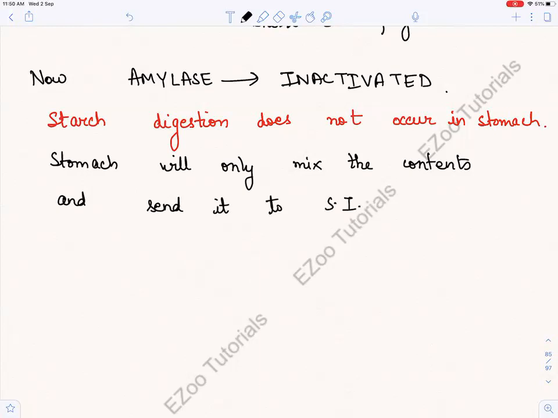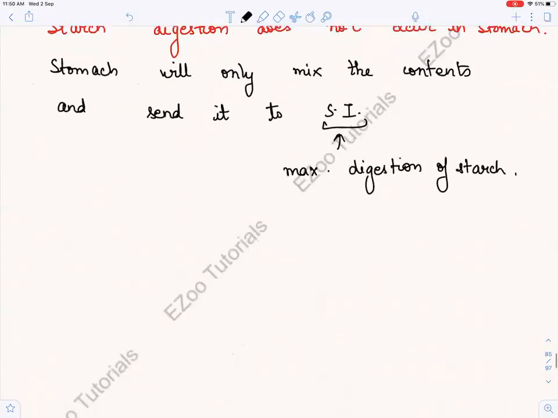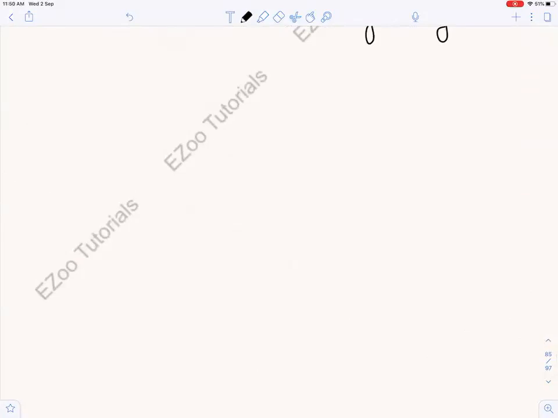And now in the small intestine, here the maximum digestion of starch will take place. So now we know that in the intestine, partially hydrolyzed starch is coming. So let us draw these enterocytes.